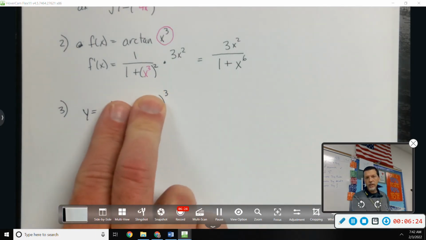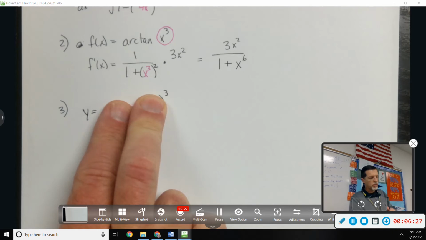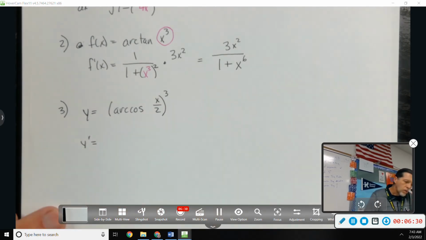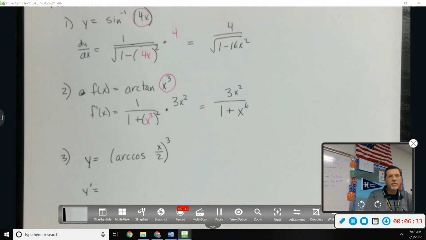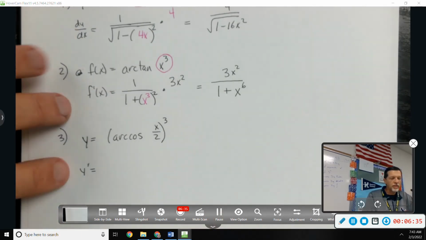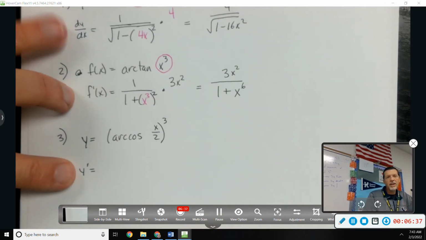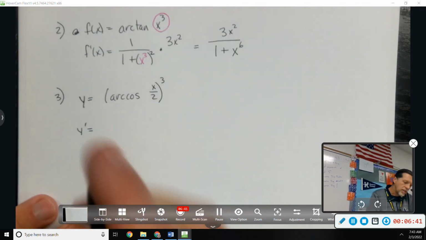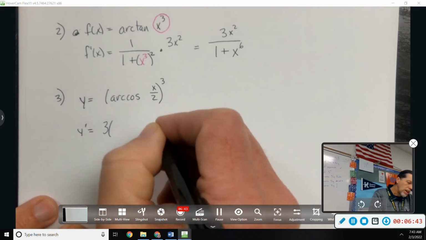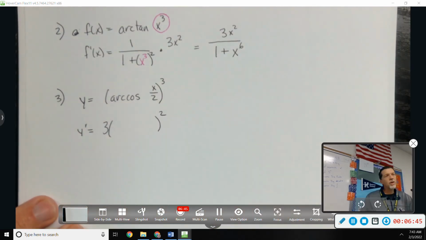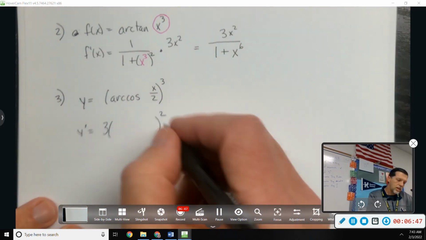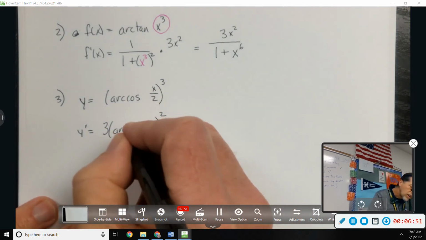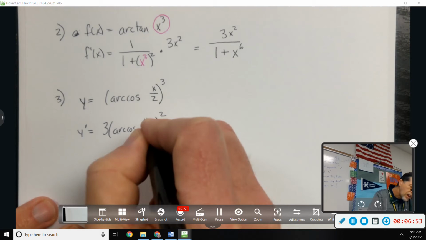So I need to follow the cube rule first, or the power rule first. So y prime. By the way, I keep intentionally switching up how I write a derivative just to make sure we remember dy dx, f prime, y prime, that's all the same stuff. So 3 times all that stuff squared. And then I'll have to chain rule off of that. Arc cosine x over 2.